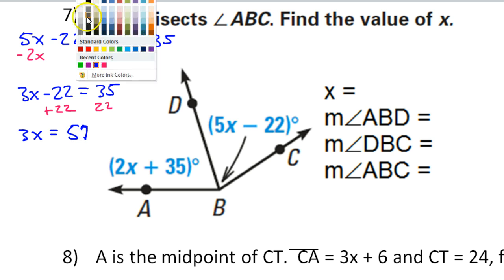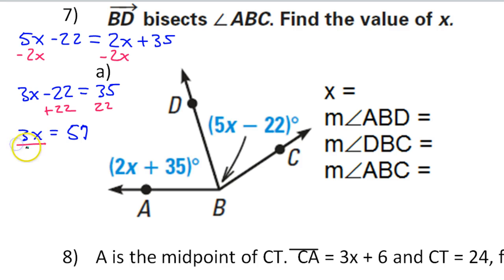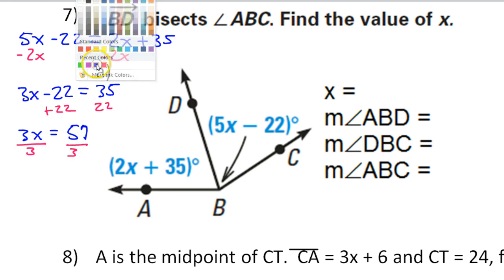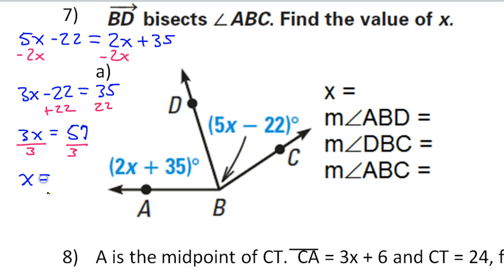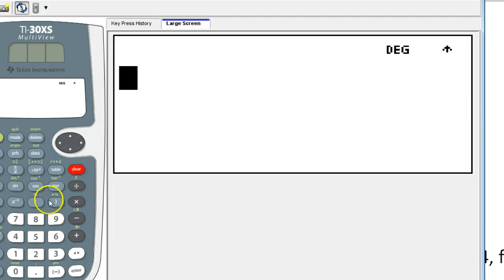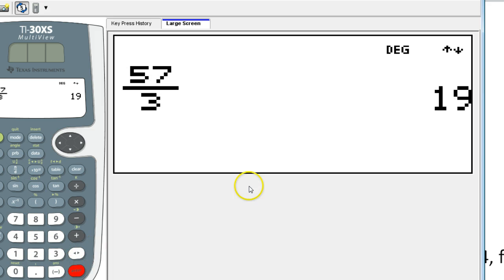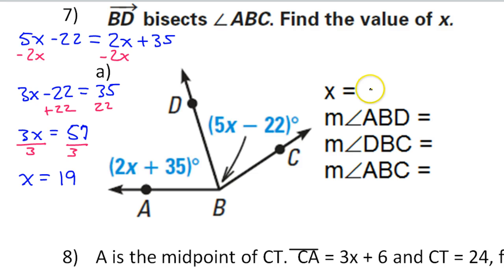So now let's divide both sides by 3. And that's 19. So x is 19.